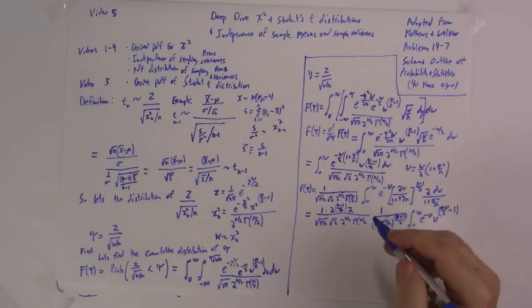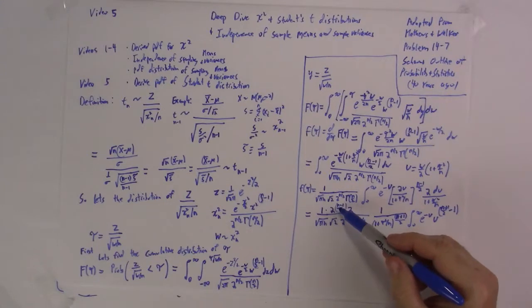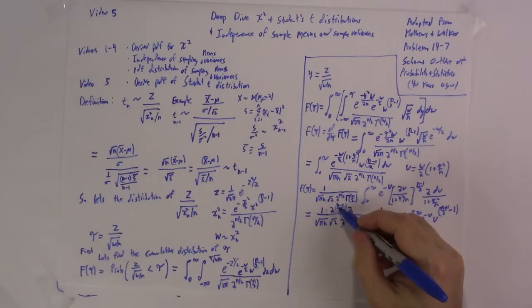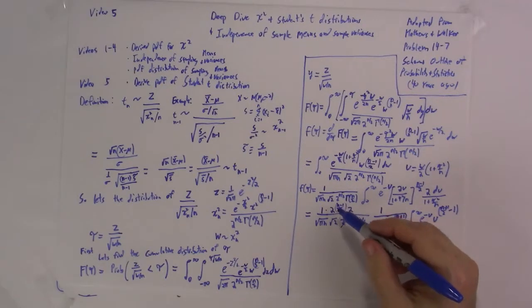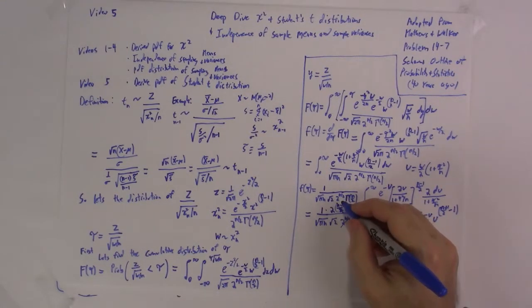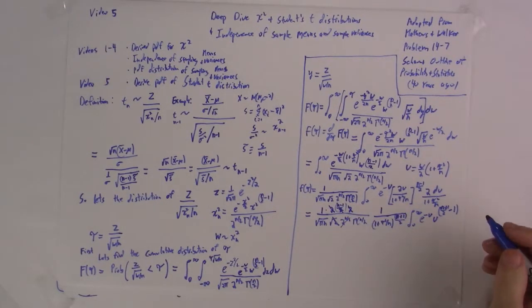Now, all these 2's cancel. You can verify it yourself, but we have 2 to the n over 2. That cancels. That cancels. I have 2 to the minus 1/2. That's like a 1 over square root of 2 times the square root of 2 is 1/2, and then there's a 2 there. That cancels. So all the 2's go away.